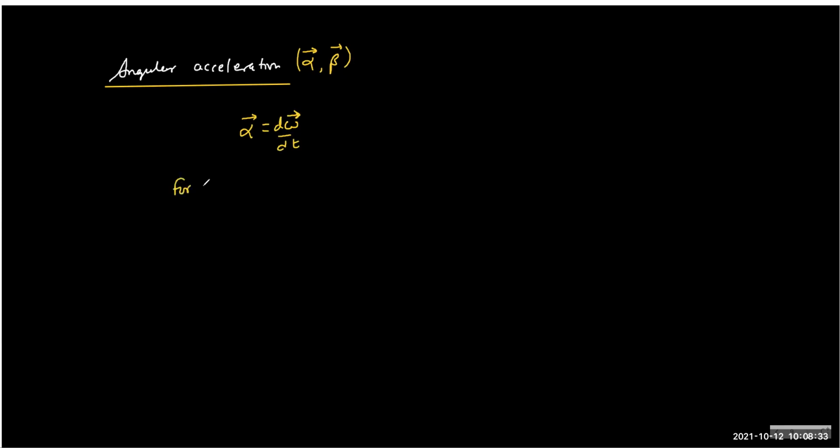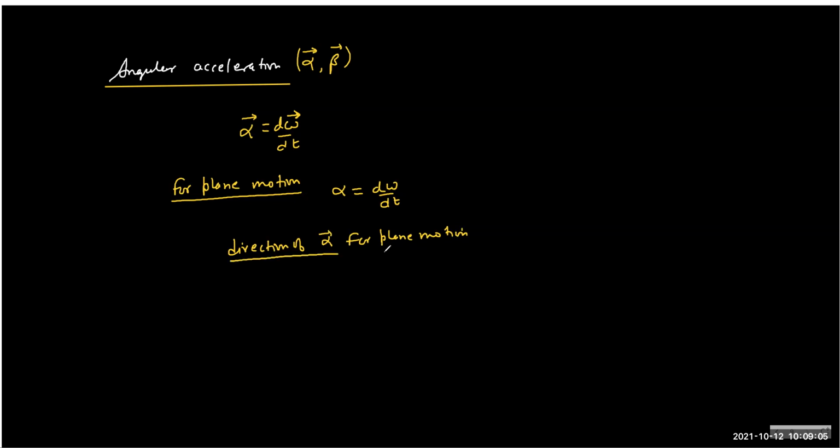So for plane motion, you can drop the arrow and just define it. And now the direction we decide in two ways. The direction of angular acceleration for plane motion is very straightforward.